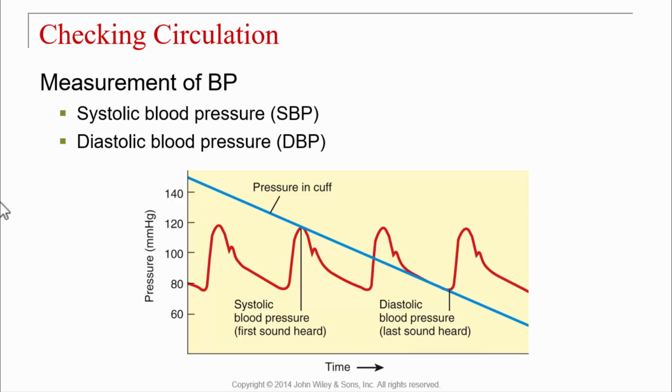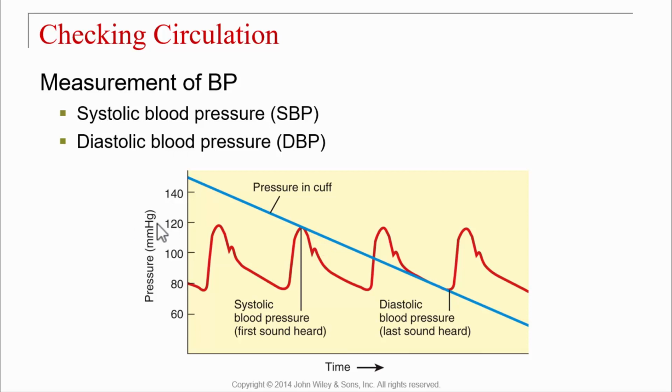We start letting air out of the cuff until your blood is exerting enough pressure to push past that blood pressure cuff. Okay? So that first sound that we hear is going to be our systolic blood pressure. That's how much pressure it took to push past the blood pressure cuff.